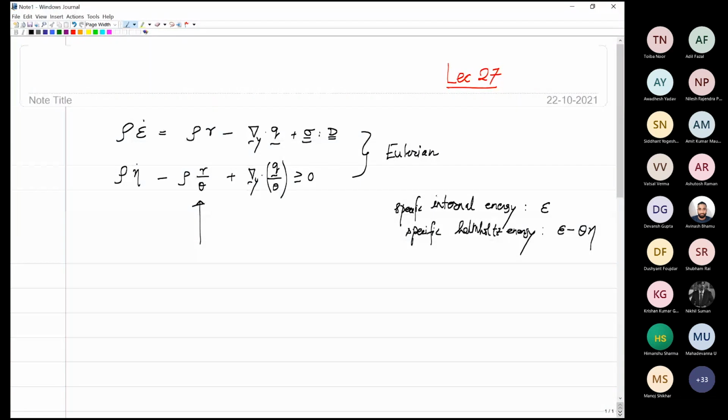You must have learned it in your chemistry classes. Then we have a specific enthalpy, denoted by epsilon plus PV work.